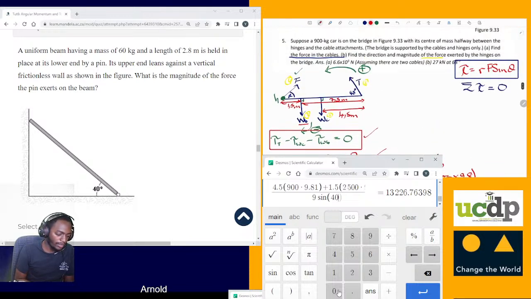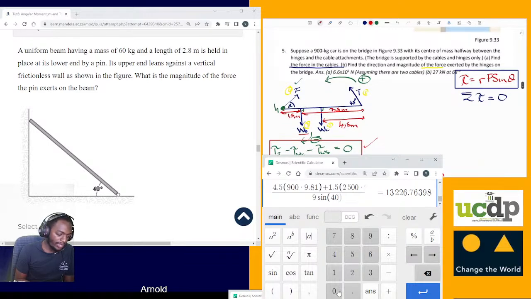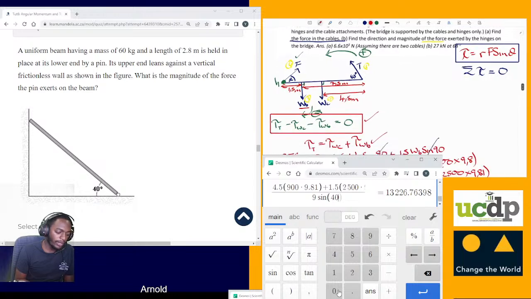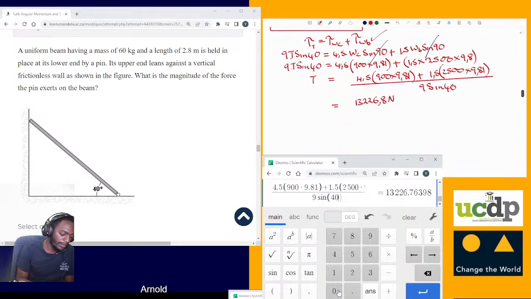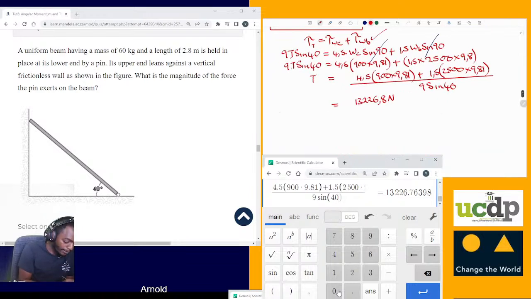Is the tension in the string, and what are we expected to find? All right. So we basically have two strings, so we should divide this by 2. So T in each will be equal to 13,226.8 over 2.